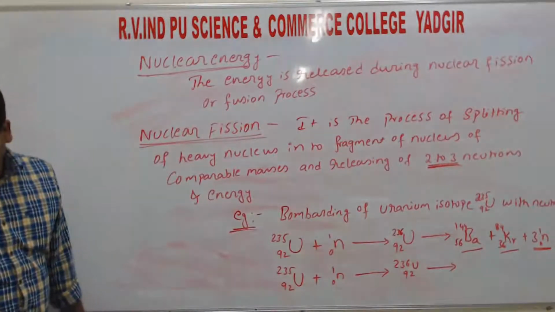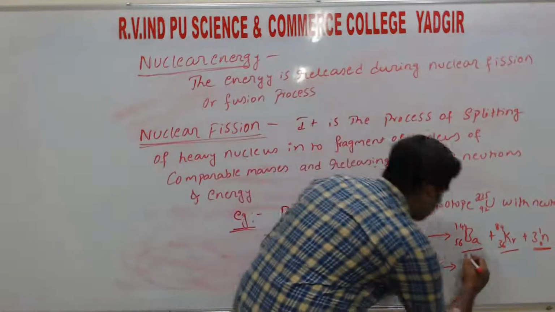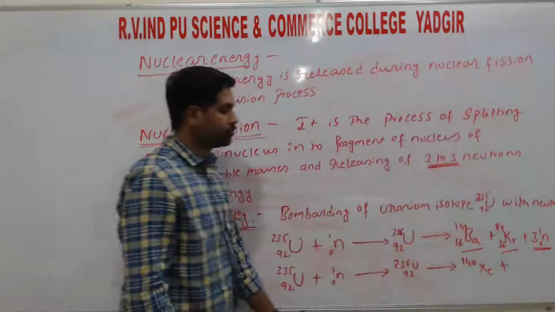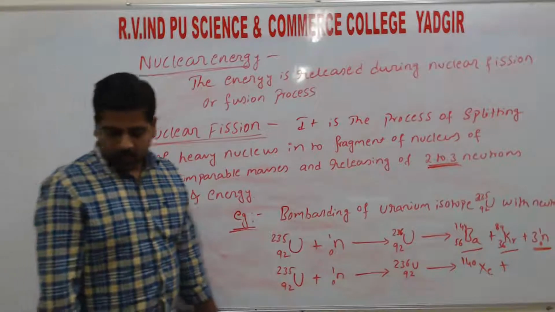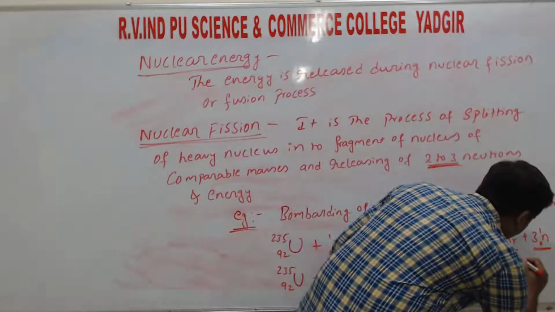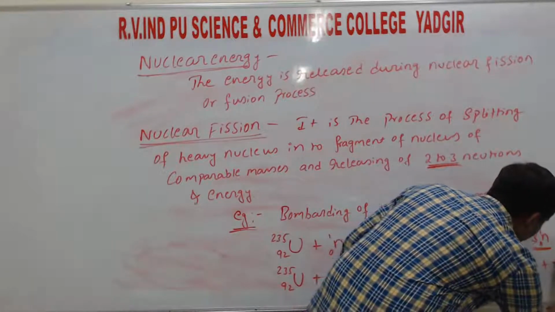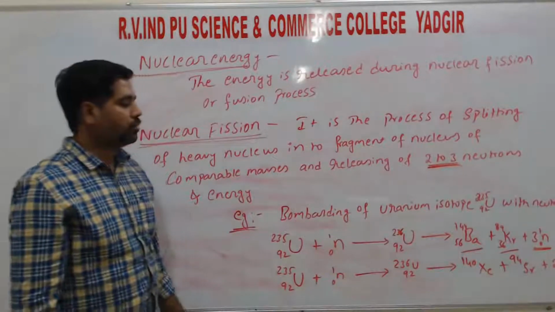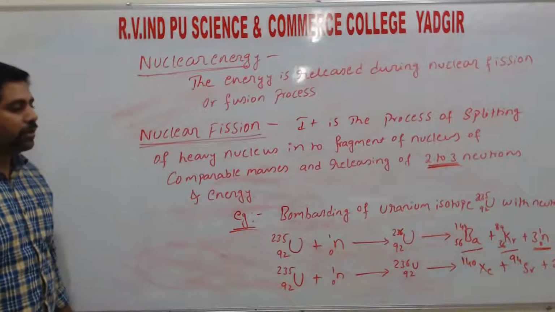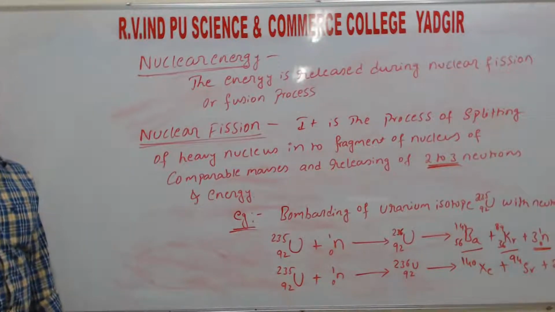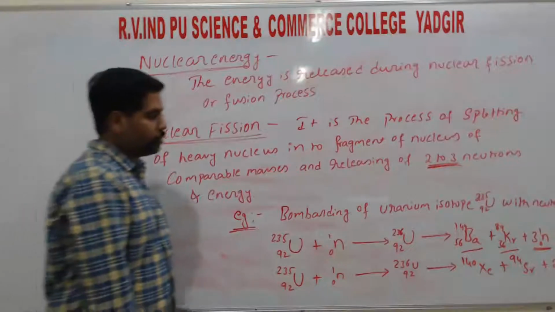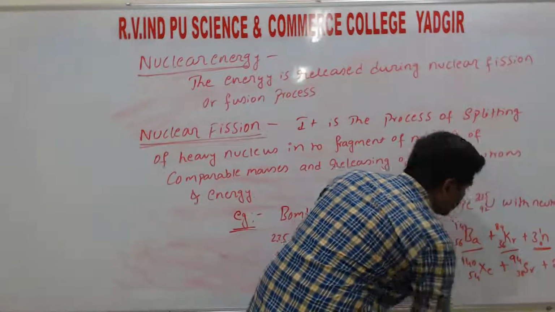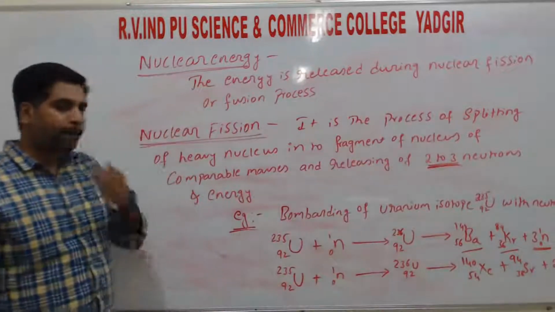The second example is xenon 140 plus strontium 94 plus two neutrons, with atomic numbers 54 and 38.